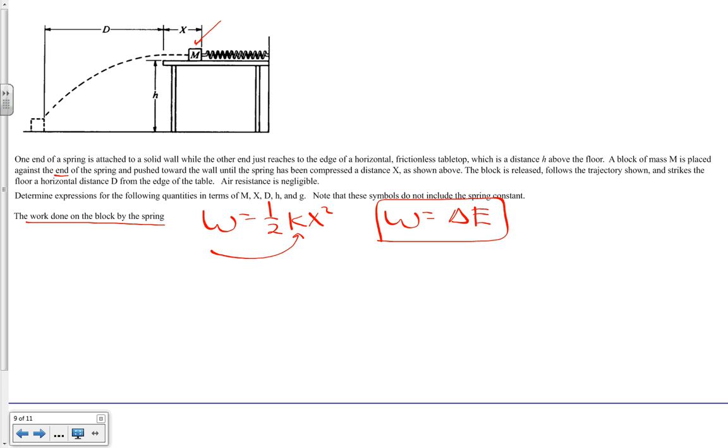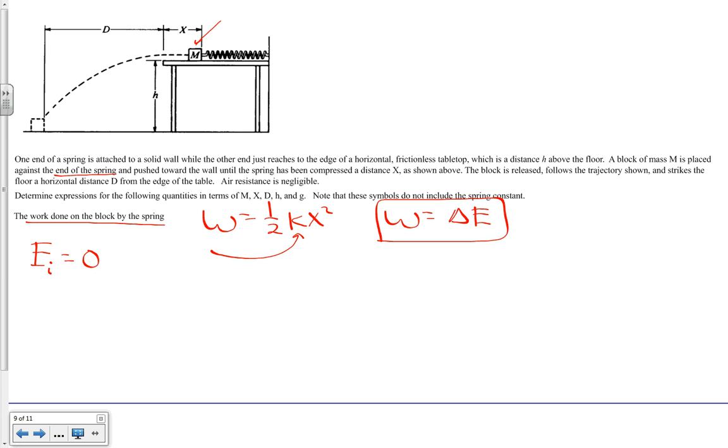If the block is pushed towards the end of the spring and it's released, how much energy did that block start with? If I compress this block against the spring and then release it, how much energy did the block start with? The block's initial energy is 0. I compressed it.